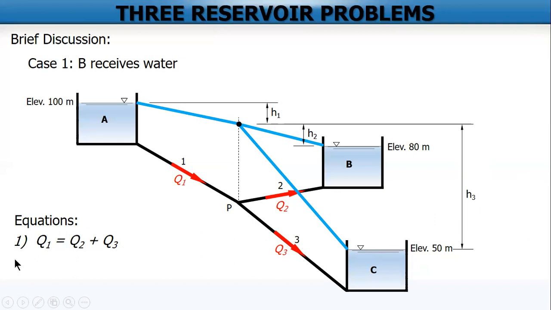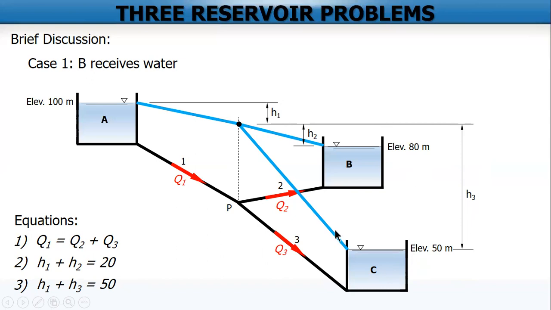So the additional equations are H1 plus H2 equals 20, the difference of 100 and 80. The other one is H1 plus H3 equals 50, that is 100 minus 50. Or this one, H3 minus H2 equals 80 minus 50, which is 30.